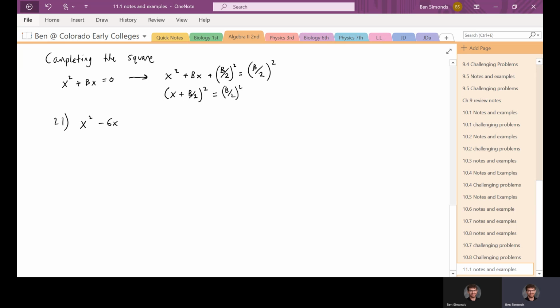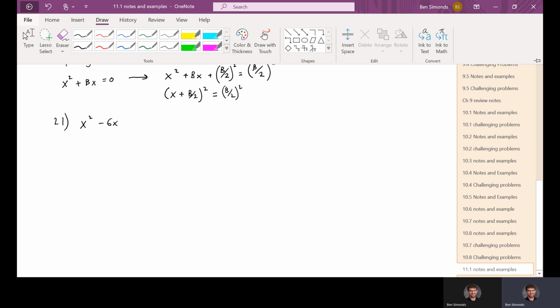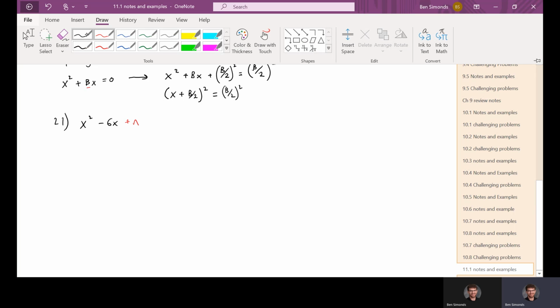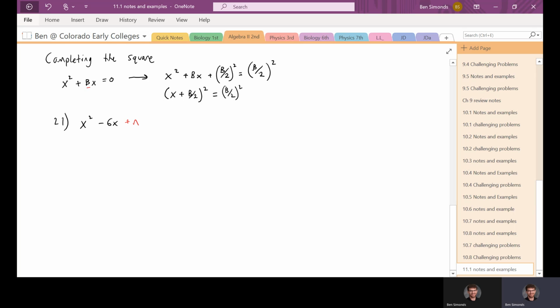It gave us, in red font here, a plus n, because it's asking what we need to add to this in order to complete the square. In this case, our b is 6. So we need to have b divided by 2 and then squared to add to it.